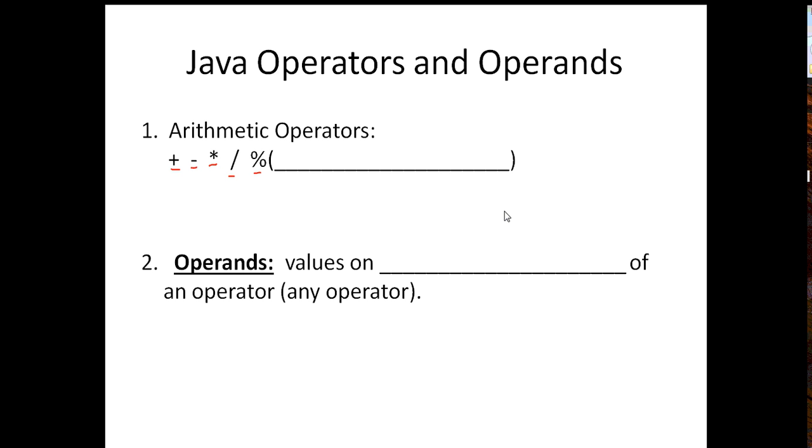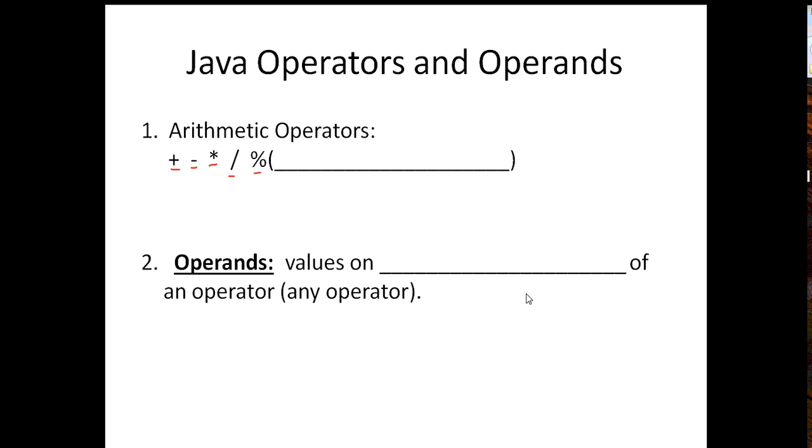Operands is a word that we're going to be using. We're not going to be using words like subtrahends, addends, minuends, divisors, dividends. They're all going to have the same word. So operands are values on either side of an operator, of any operator.